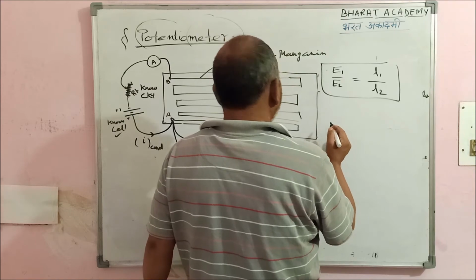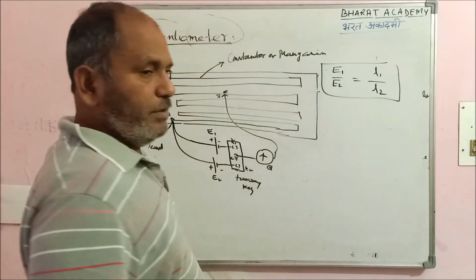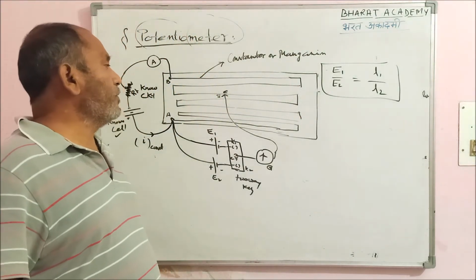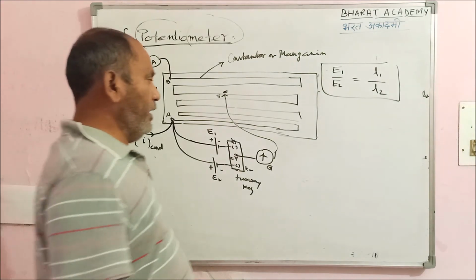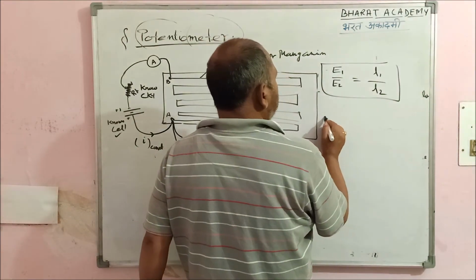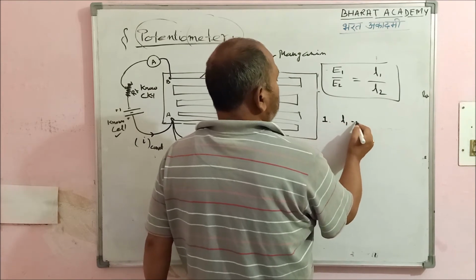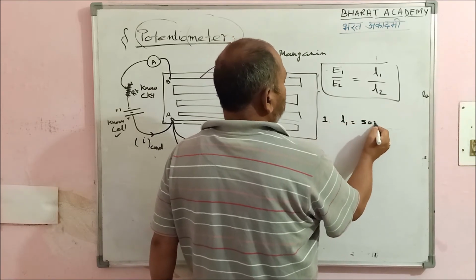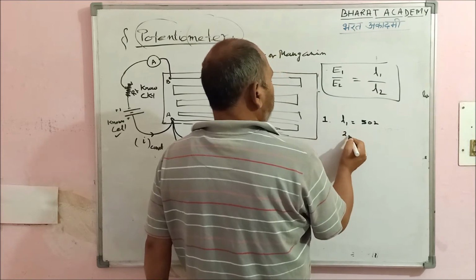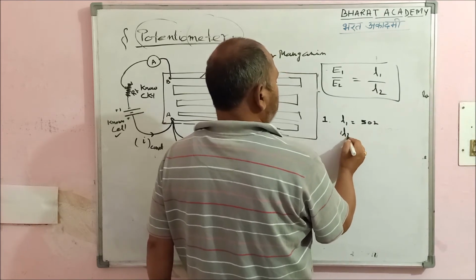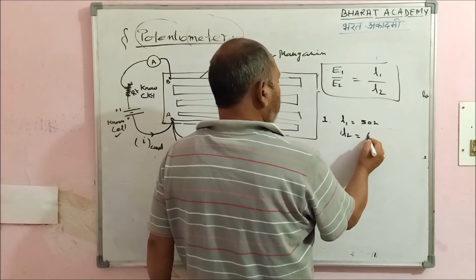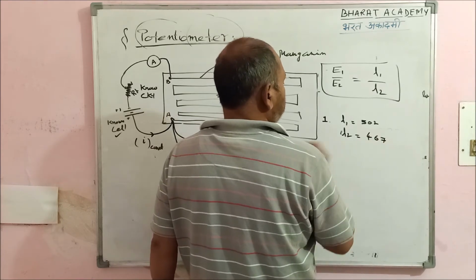With the help of a rheostat, we set a particular current. In the first case, for a particular value of Rh, suppose L1 is 502 and L2 is 467, right?